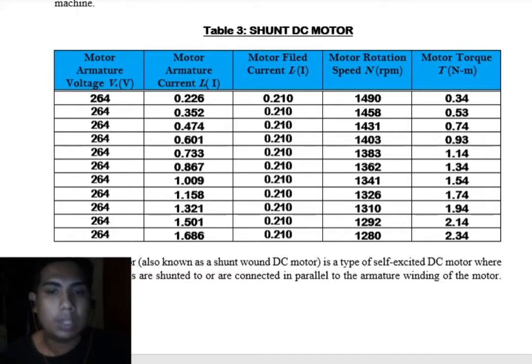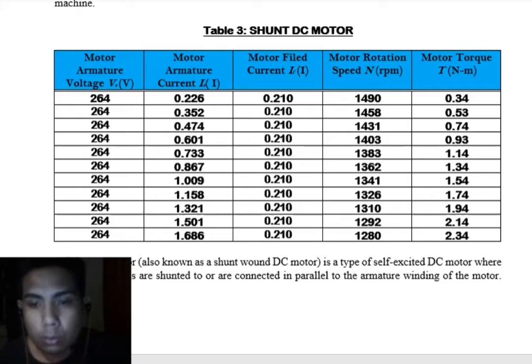When the motor rotation speed is decreased, the motor torque will increase. We can see right here the value of the motor torque is 0.34 to 2.34.